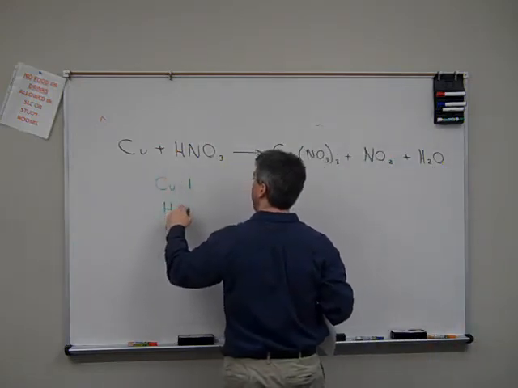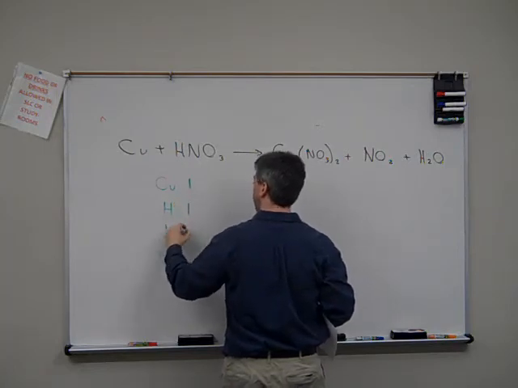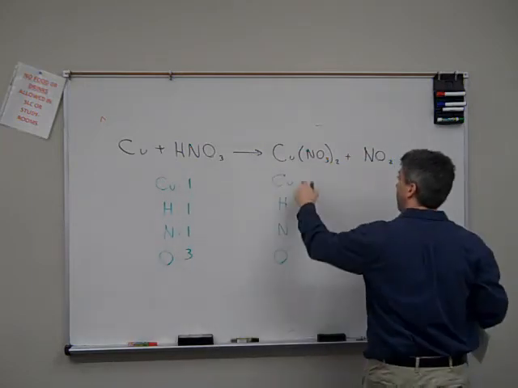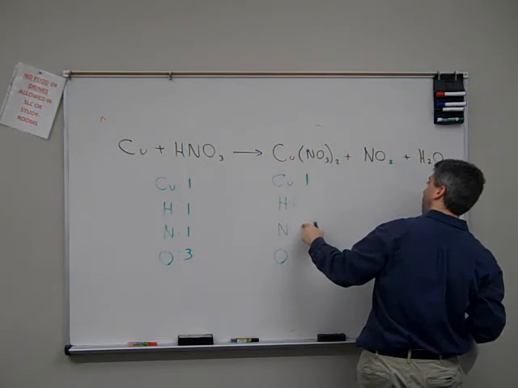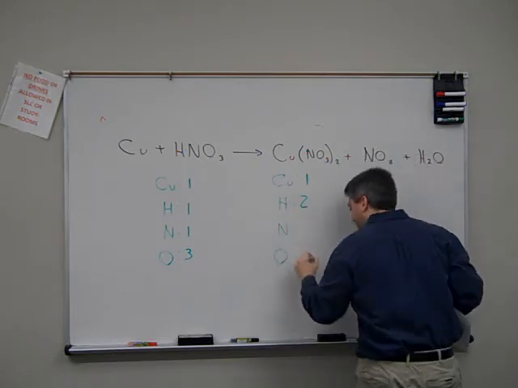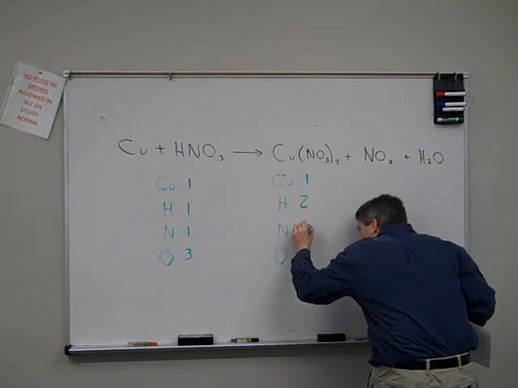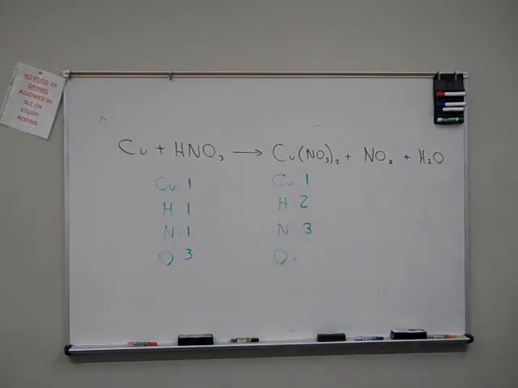How many hydrogens are there? One. Nitrogens? One. And oxygens? 3. There you go. How many coppers on this side? 1. Hydrogens? 2. Nitrogens? 3. Oxygens? 9.